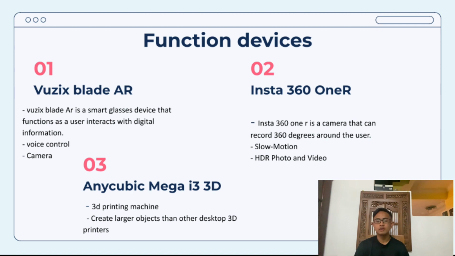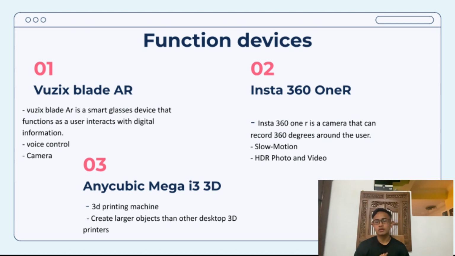My name is Muhammad Syakir Aslam bin Mustafa. My matric number is 071484. Today I want to explain about the function of 3 devices. The first device I want to explain is Vuzix Blade AR. Vuzix Blade AR is a smart glasses device that functions as a way for users to interact with digital information. The functions of the device are voice control and camera.